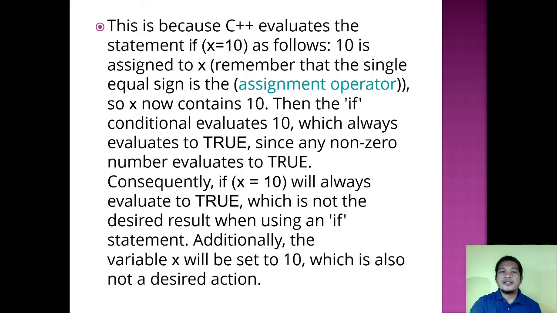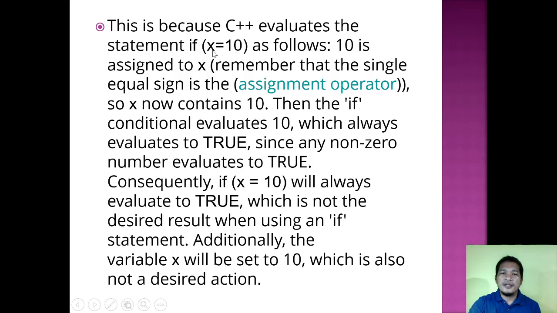This is because C++ evaluates the statement if x = 10 as follows: 10 is assigned to x. Remember that the single equal sign is the assignment operator. So x now contains 10.